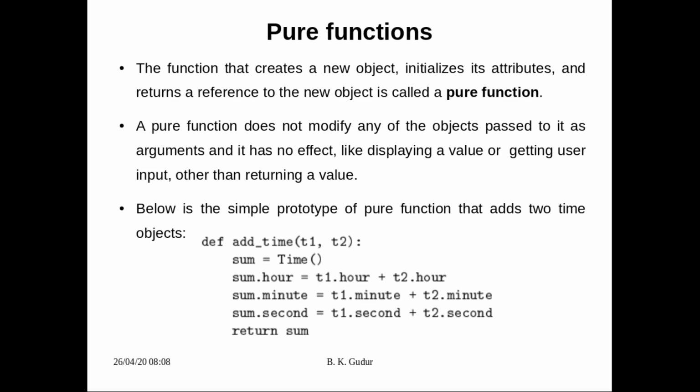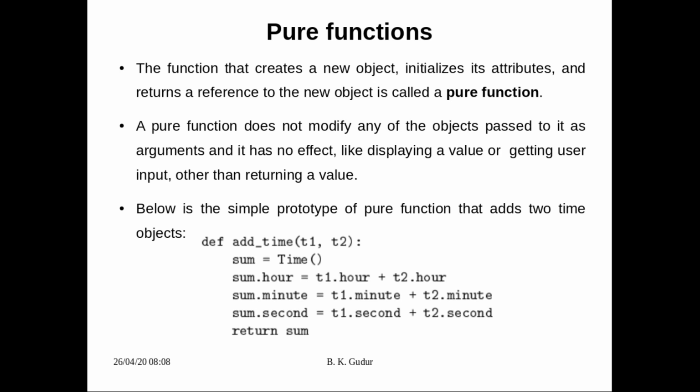A pure function doesn't modify any of the objects passed to it as arguments, and it has no effect like displaying a value or getting user input other than returning a value. It will just return the value.